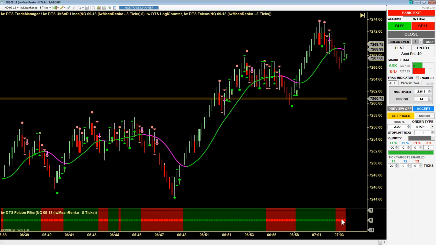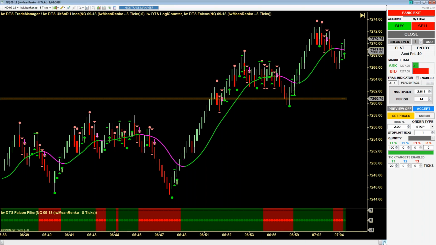Your filter is already out of sync, so it's not going to qualify as a late filter entry. It's not even going to do it as an early trend change signal.